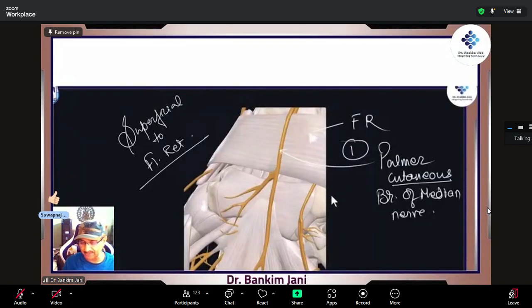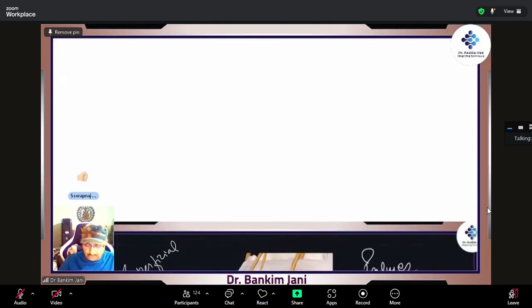This is the flexor retinaculum, that is the sheath. So the palmar cutaneous branch of the median nerve: cutaneous, superficial, done. Next one.